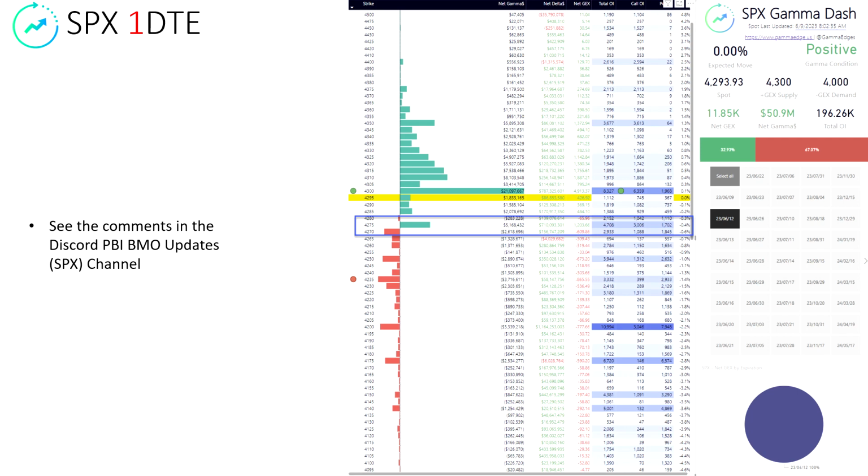So this 4305 zone is something we see all the time, where we get sandwiched between two dominant gamma levels. So today's targeting action is going to be really important to see how far it pulls us up. If it pulls us up above 4310, we don't think we're coming back towards, or certainly not below, 4300, not with the charm support that we should have.